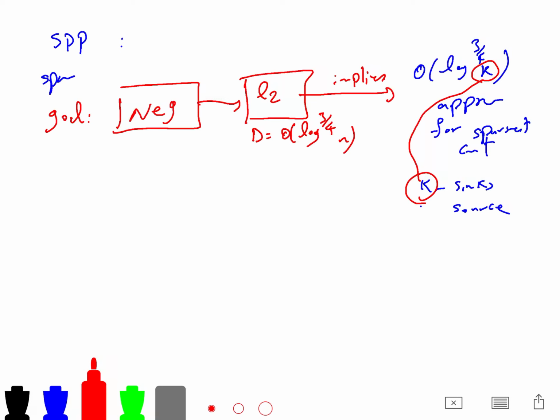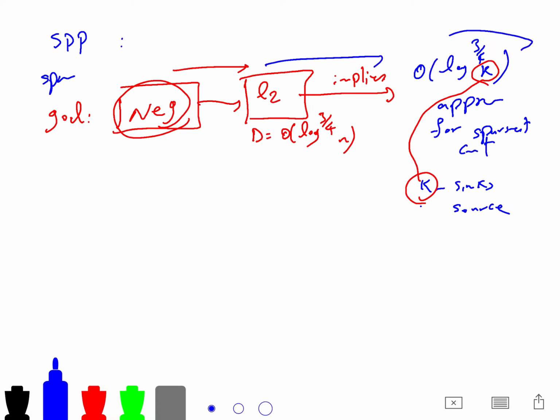So first you embed the negative metric into an L2 space, and that gives a relatively good approximation for sparsest cut.